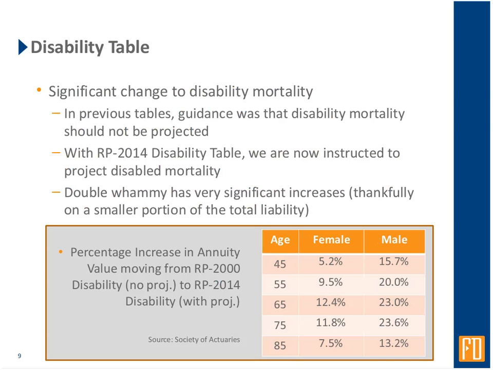And the change to the disability mortality is not something that makes the press clippings per se, but the increase on the disability mortality table is quite significant. What we're seeing is not only are we getting the natural progression and mortality improvement that you would expect, just as similarly to our healthy population, but there's been a change in the thinking that the disabled mortality table should also be projected, that we should be assuming mortality improvement for disabled participants as well.